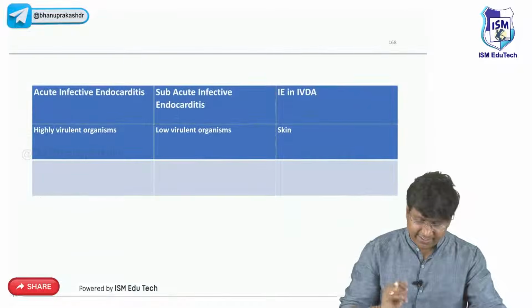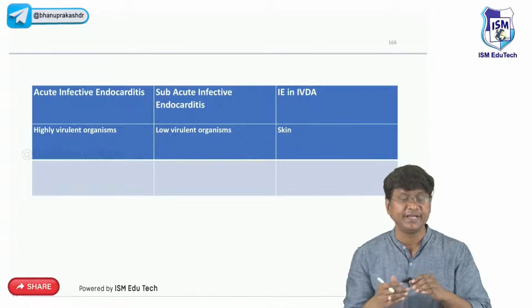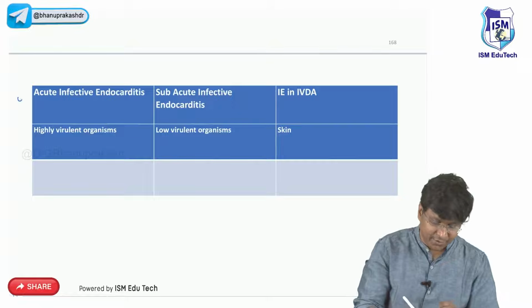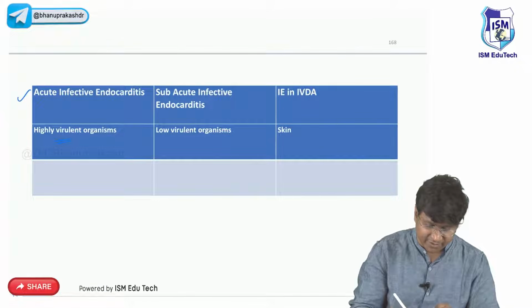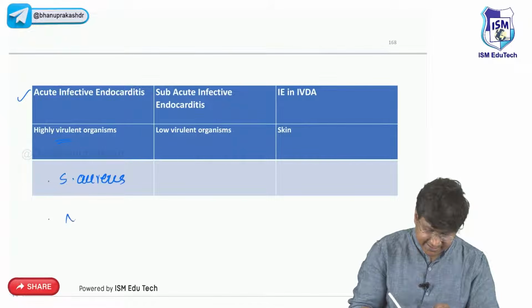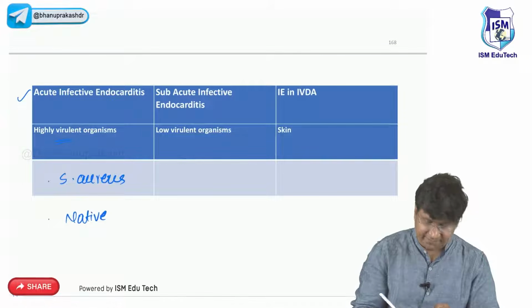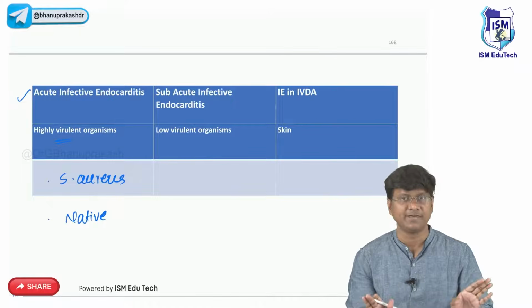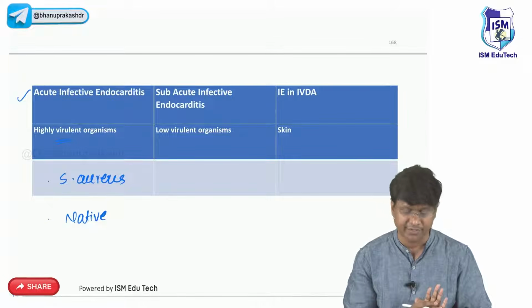Then accordingly, infective endocarditis is classified depending upon the virulence of the organism. Acute infective endocarditis is caused by a highly virulent organism, that is your Staphylococcus aureus, right? And it is the native valves which are being affected, that means the previously normal valves. That is your acute infective endocarditis.